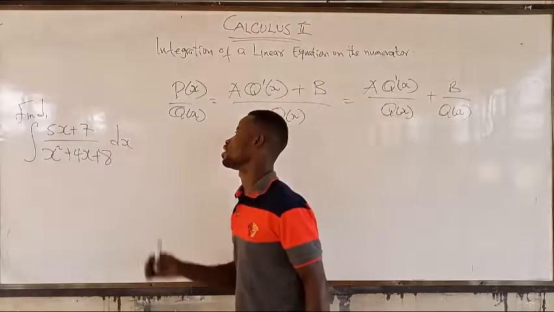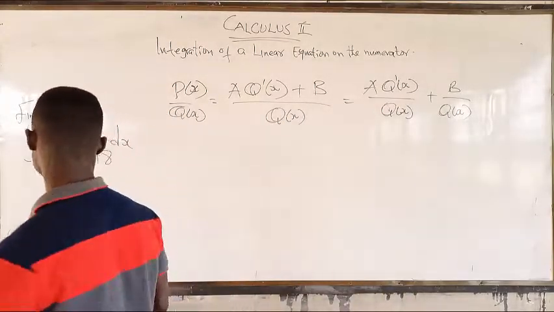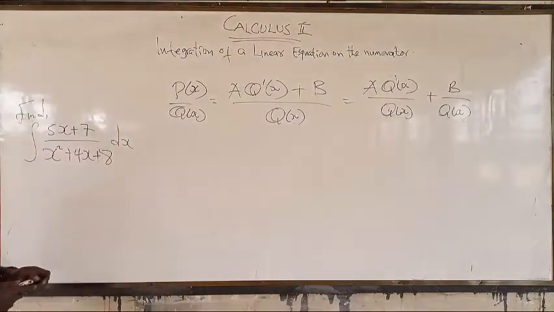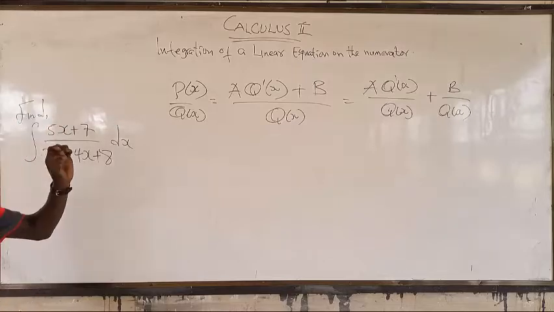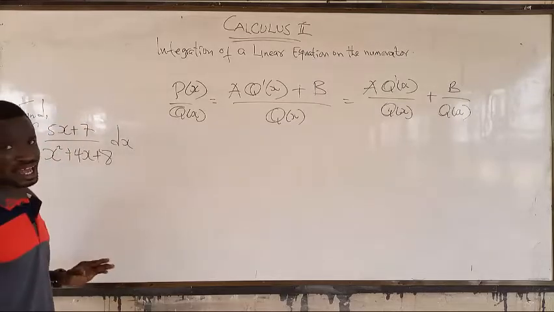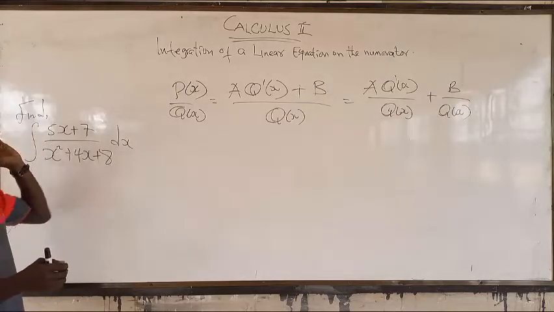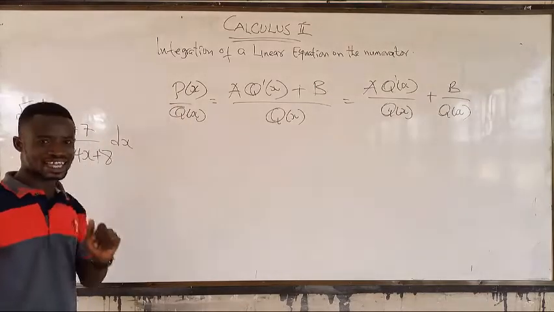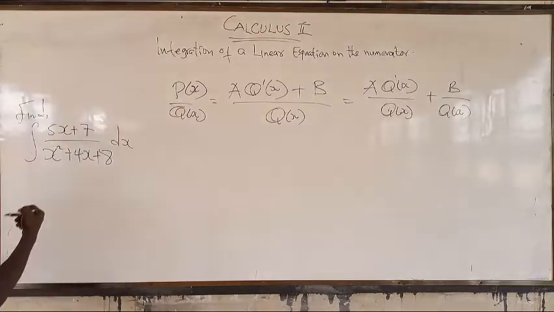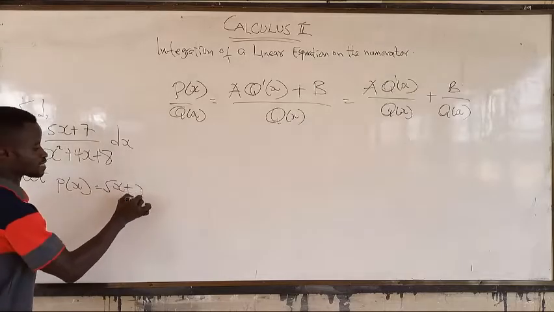Alright, so you can see what we have now. Very good. It's going to be interesting. Now, this is a linear equation. That's what we are talking about. And this is a quadratic equation. So all that we are saying is that if you have it in such form, quickly go and take the denominator. So you let P of S be equal to 5S plus 7.